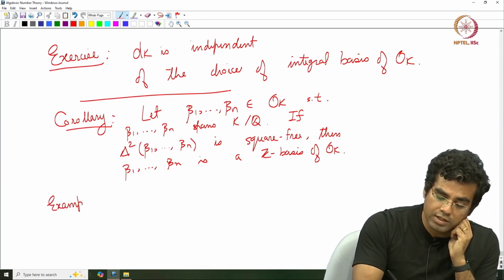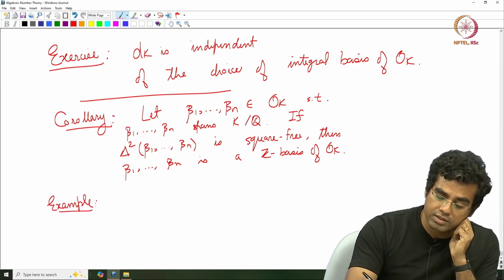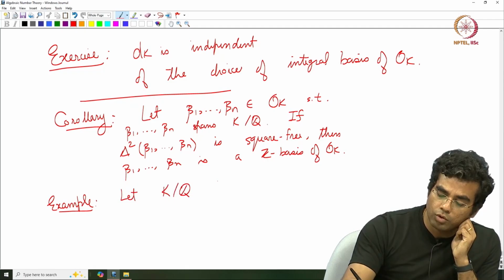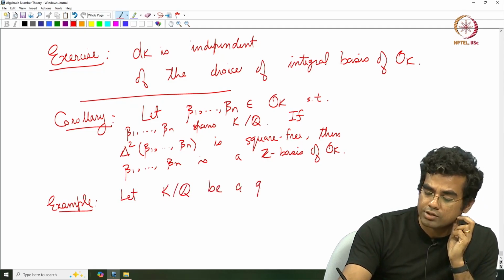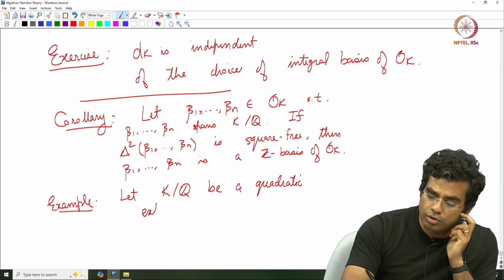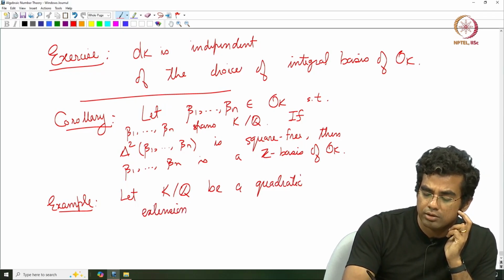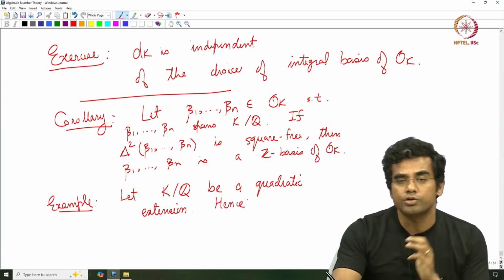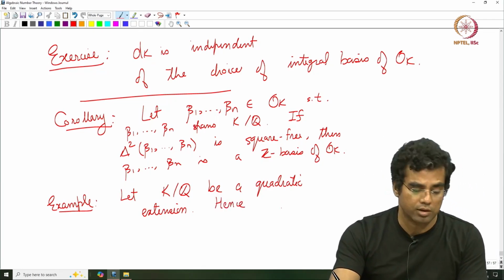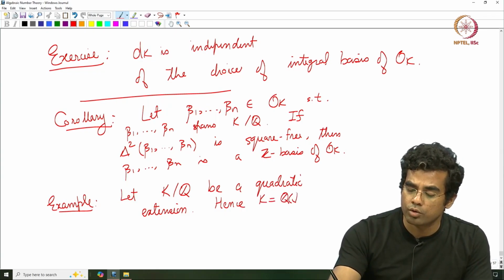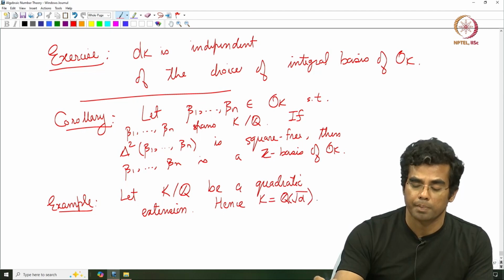This is our first example of computing integral basis. So, let K over Q be a quadratic extension, and from your Galois theory you should know that any quadratic extension is obtained by adjoining a square root of an element. Hence K is equal to Q(square root of d) for some d.